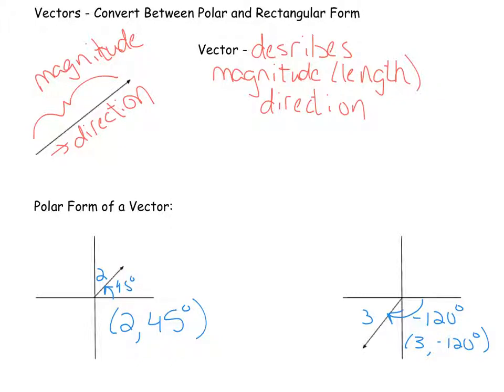That's the magnitude and the direction. We could also do this one in a positive direction. We could find that angle there. What would that be? 360 minus 120 is 240. Is that right? So we could also say that this was 3 and a positive 240 degrees. We could do that either way.